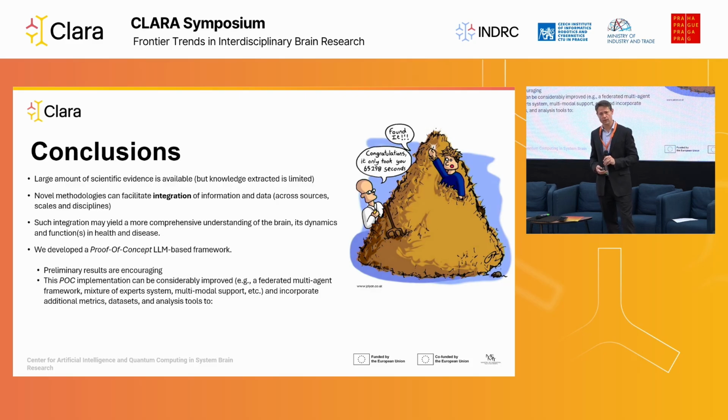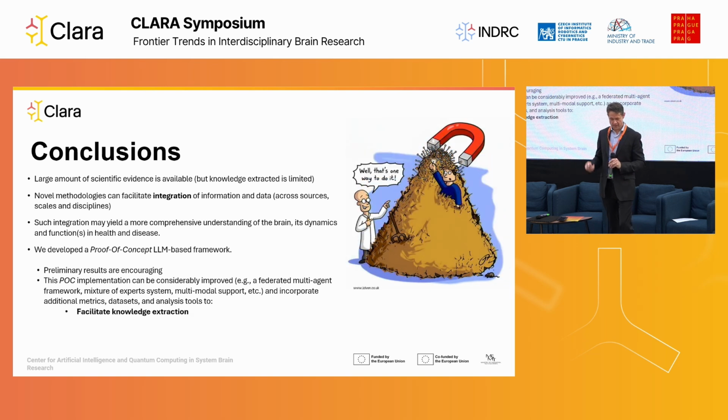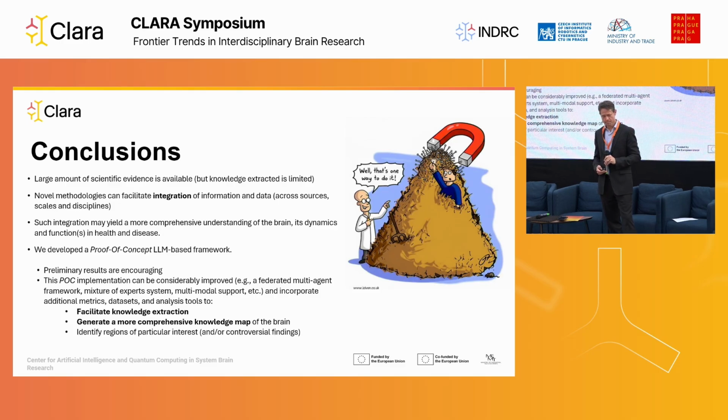There are a lot of techniques that can be applied to extract meaningful knowledge. So it can facilitate knowledge extraction. It can generate a much more comprehensive map of what is happening in the brain.